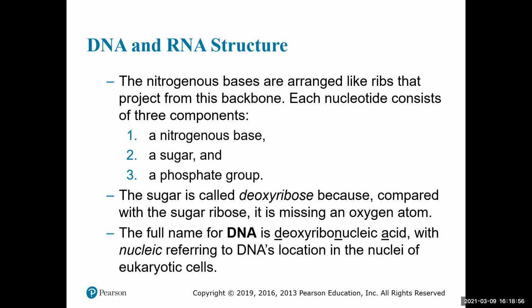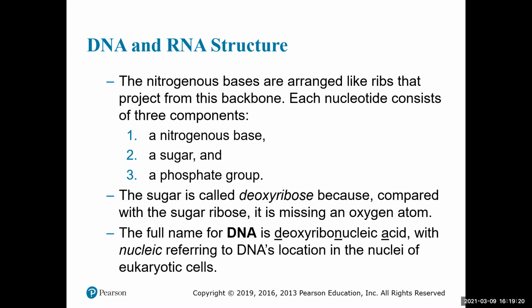So you have your nitrogenous base, and that base varies depending on the specific nucleotide it is. So for example, the nucleotide adenine will have that nitrogenous base associated with adenine, so on and so forth. And then the second component is that sugar group and then the phosphate group, okay?